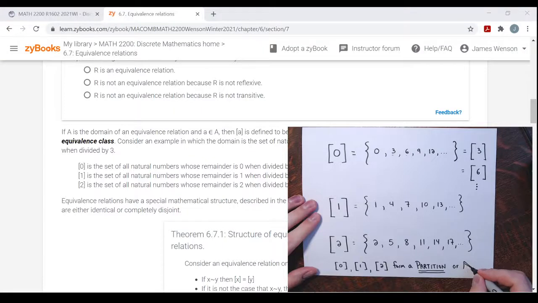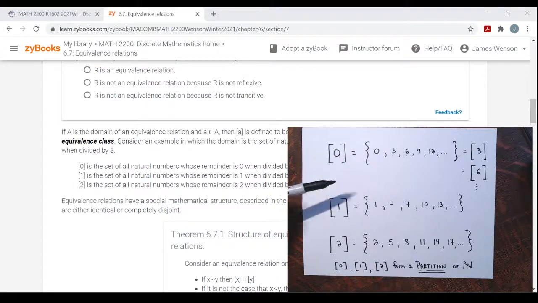Remember, this capital N looking thing was the natural numbers. Now remember what a partition is, and we'll get to it again in a second, but none of these overlap. They're all what they call pairwise disjoint. And again, you saw that definition back in chapter 3. That means none of these have any overlap, right? None of these 3 sets share any elements.